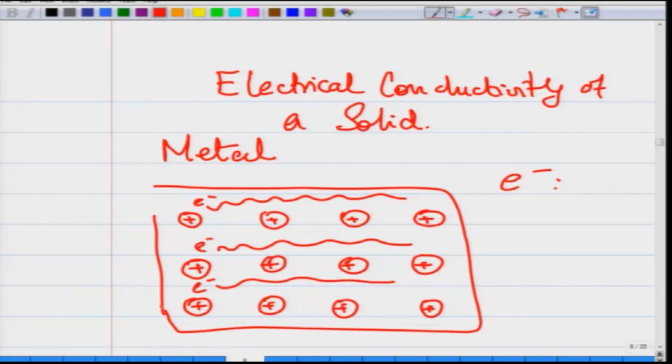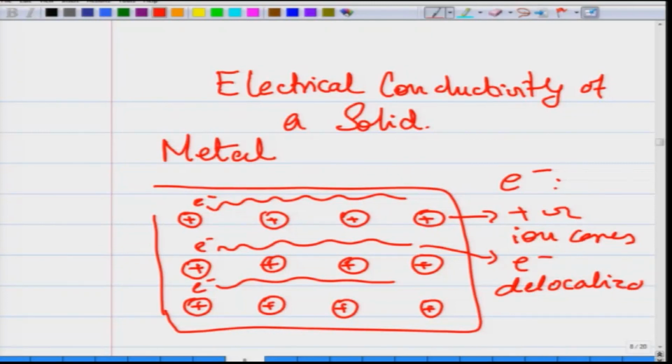So, this is the model of a metal. You have positive ion cores and you have electrons which are delocalized across the metal.